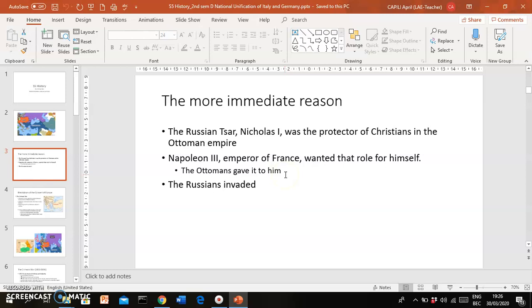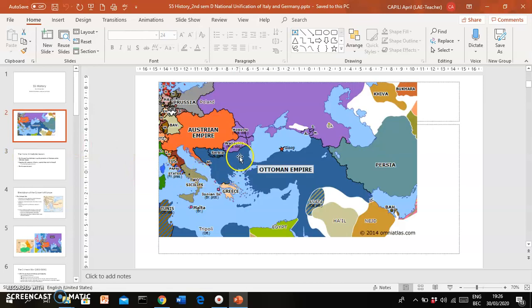Eventually the Ottomans would give it to him, and the Russians were not pleased, so they decided to invade a part of the Ottoman Empire. So I'm talking about these two territories here. Okay.